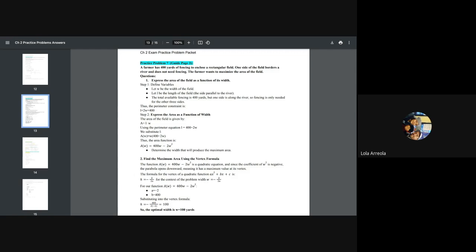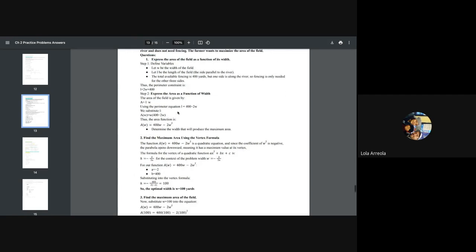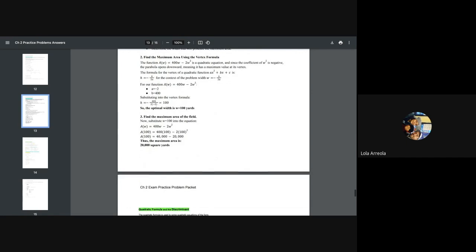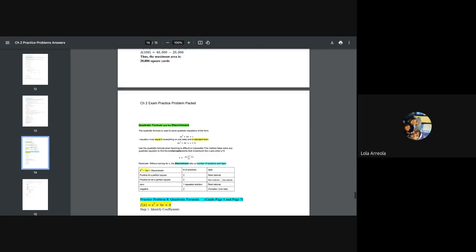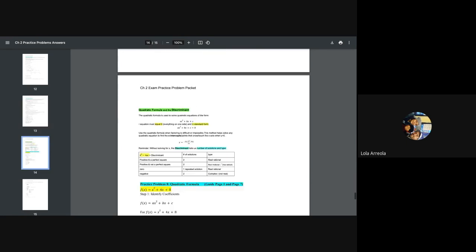Cool. So now moving on to number 2, which is the quadratic formula. Again, I have a quadratic function when I have something in the form ax squared plus bx plus c.